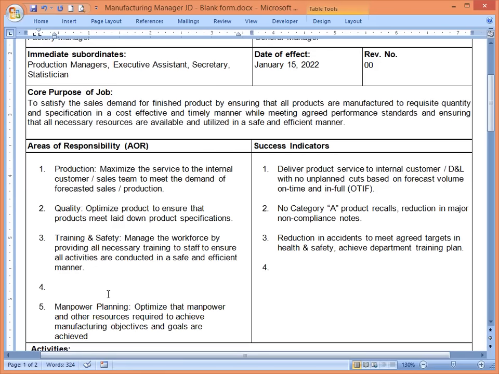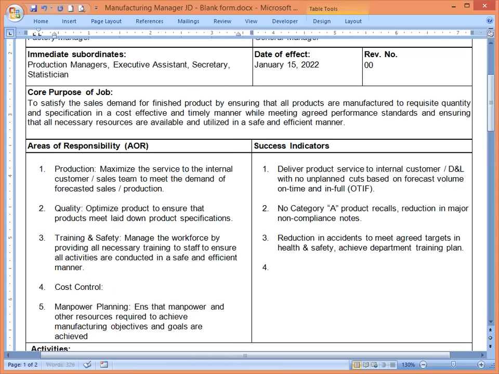Okay, let's continue with the cost control. I think cost control is okay as one of the AOR. I think the word here would be optimized. This one is not optimized, this is ensure.